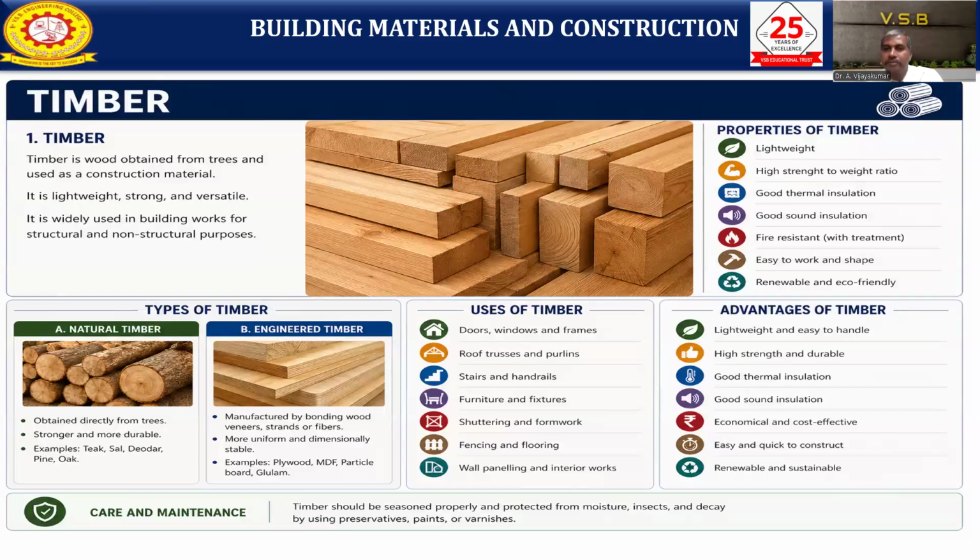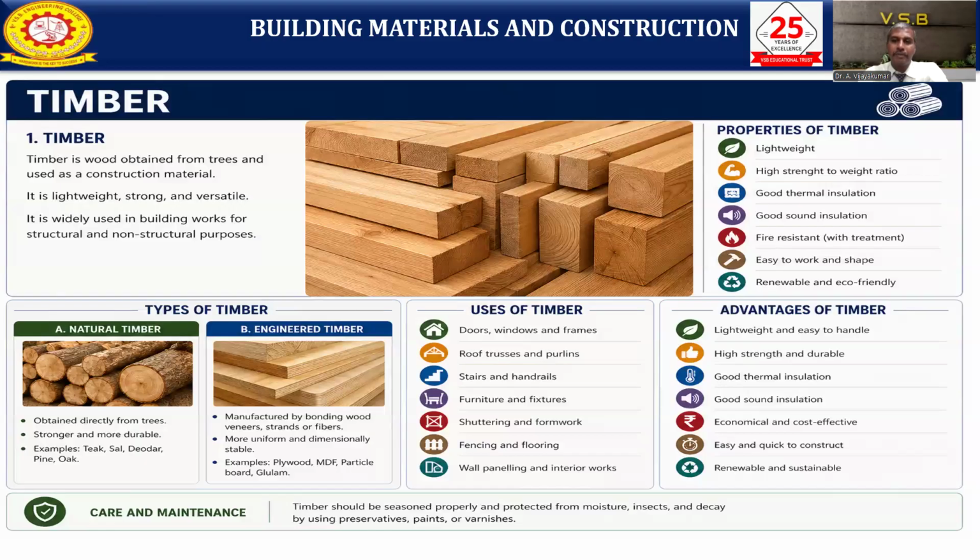What is the advantage of timber compared to other building materials? It is lightweight and easy to handle, so we can transport it from one place to another. It has high strength, is durable, has good thermal insulation and good sound insulation, is economical and cost effective, is very easy to construct, and is renewable and sustainable.